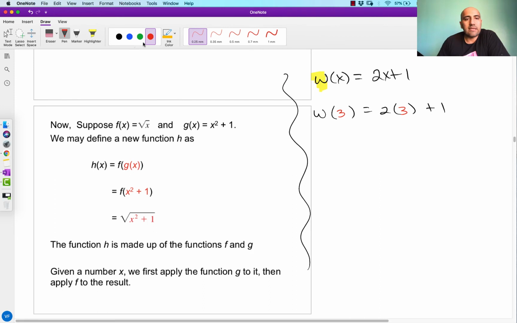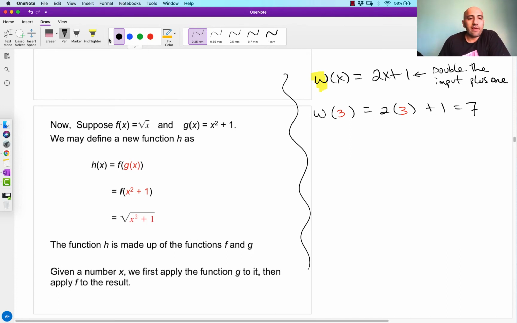This is indicating that this is defined as double the input plus 1, right? That's what this means. Double the input plus 1. Right? That's what this translates as. So when the input is 3, we double it and then add 1. So we get a final result here of 6 plus 1 is 7.